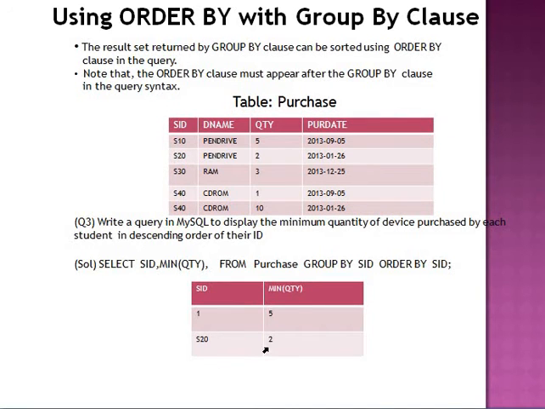That's why the second entry in the output table shows S20 and 2. Sorry, there was an error in the first entry. The student ID for the first entry is not going to be 1, it will be S10, which is shown in the table purchase. Now let me correct it.